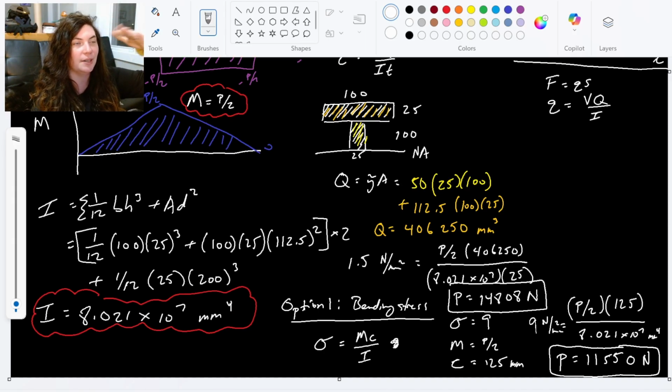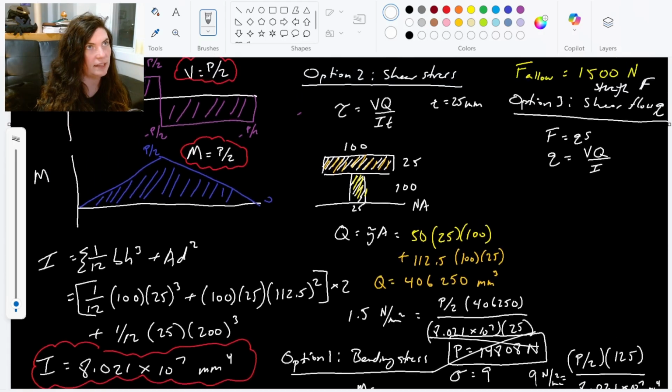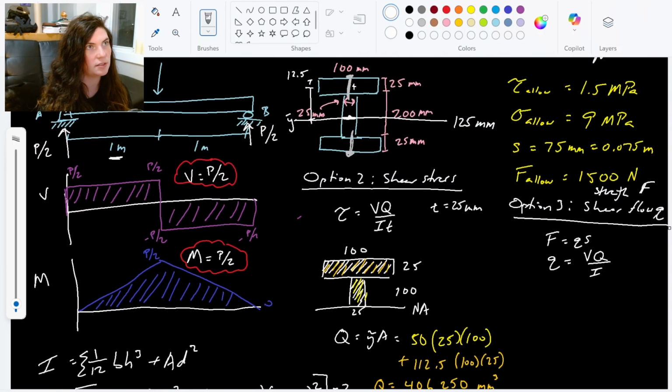Oh my gosh, get the words out. As soon as we hit that, that's where our bending stress fails. That's the max allowable load. So we don't even get to this second option. This is not our limiting factor. But we have one more case to check, and that's the shear flow case.